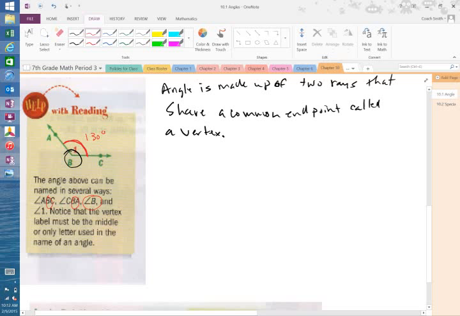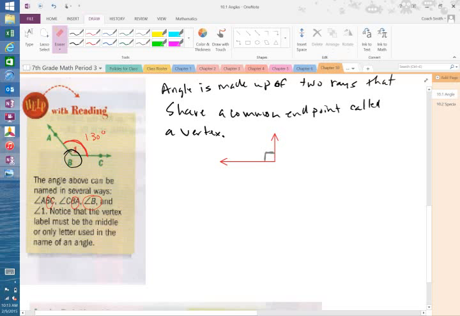We would call that an obtuse angle because it is larger than 90 degrees. Let's remember that a 90-degree angle is going to look something like that, and most of the time it will have the little box in the corner of the angle, meaning 90 degrees.